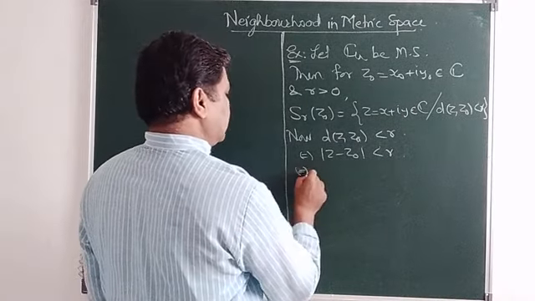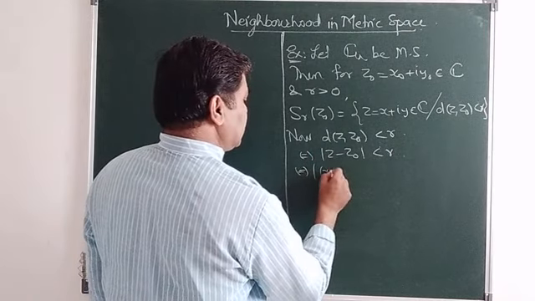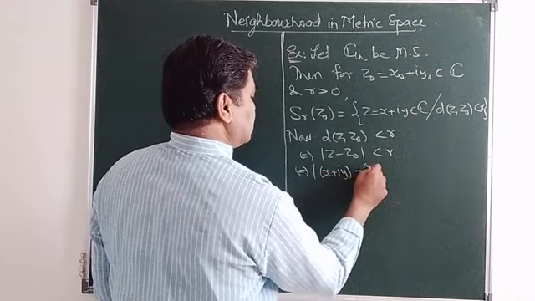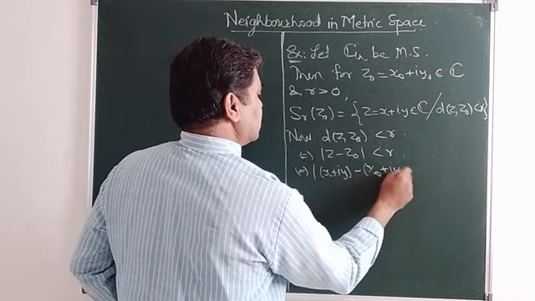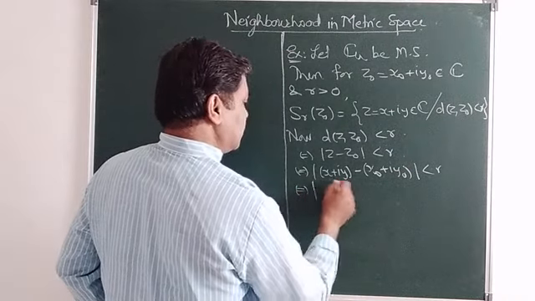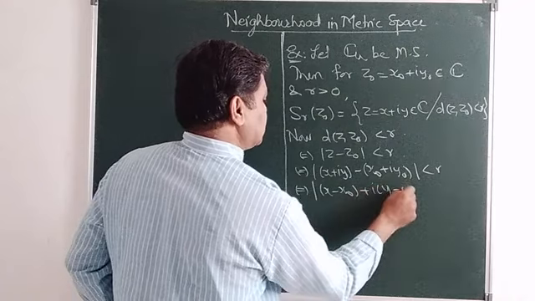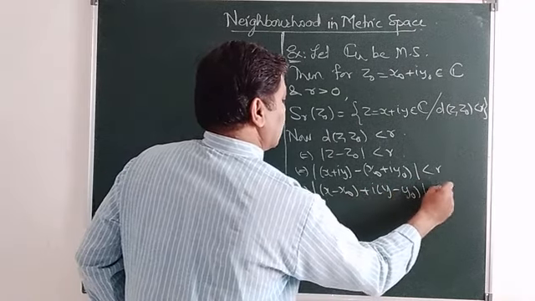If and only if mod of z minus z naught, which is x plus iy minus x naught plus i y naught, is less than r. If and only if mod of x minus x naught plus i times y minus y naught is less than r.